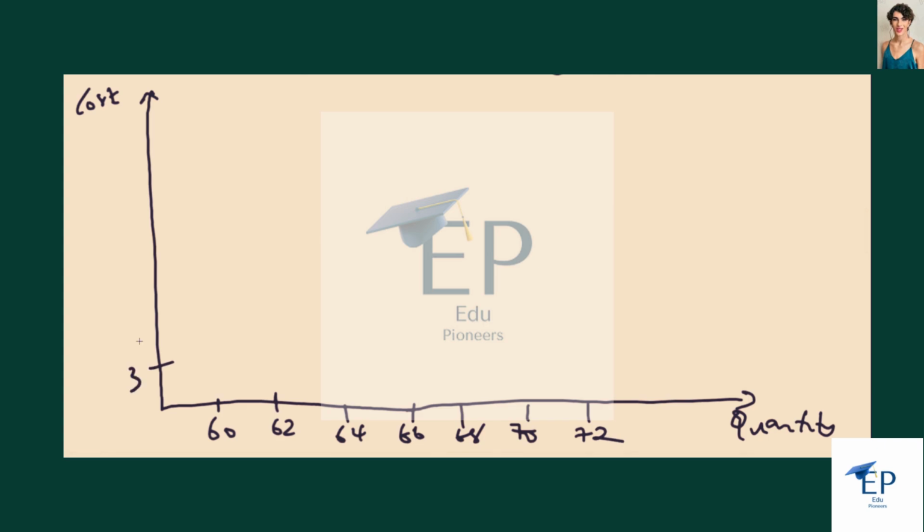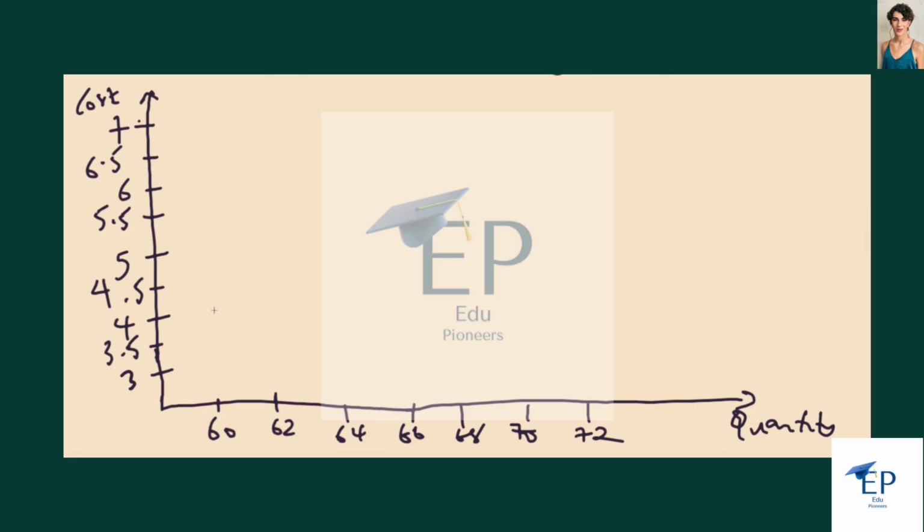Here we have 3 all the way to 7. So we have 6.5, 6, 5.5, 5, 4.5, 4, 3.5, and we have 3.